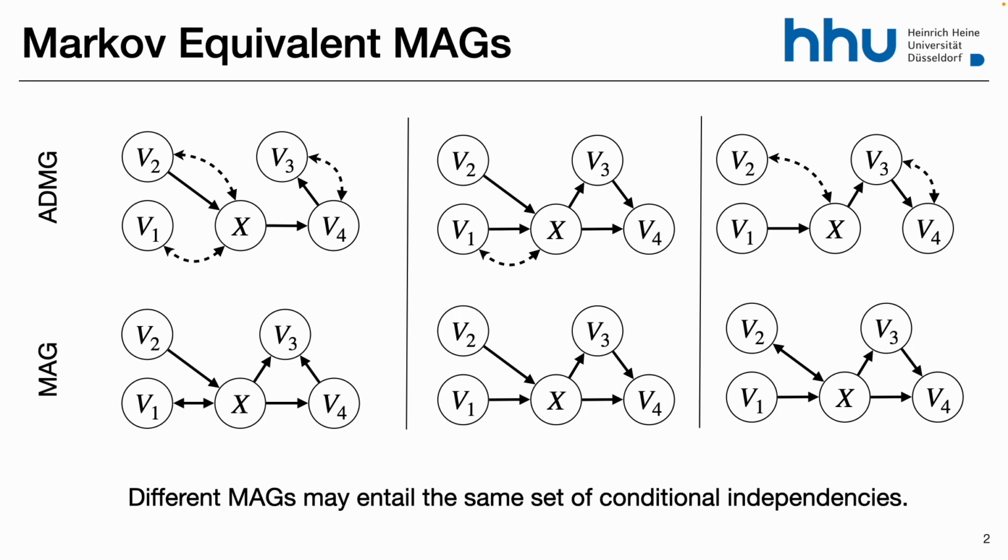X is pointing to V3 because there is a directed path from X to V3. So the maximal ancestral graph is a representation of all the ancestralities and non-ancestralities. The arrowheads mean non-ancestral, while the tails mean ancestral, and the existence of an edge represents an inducing path in all ADMGs that are part of this MAG.